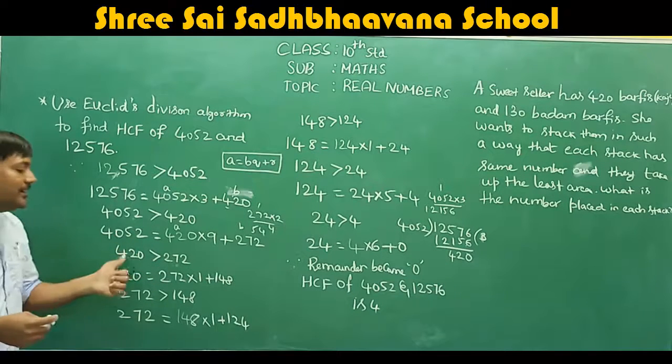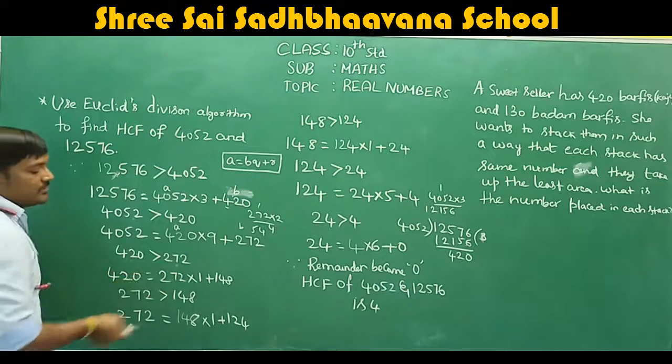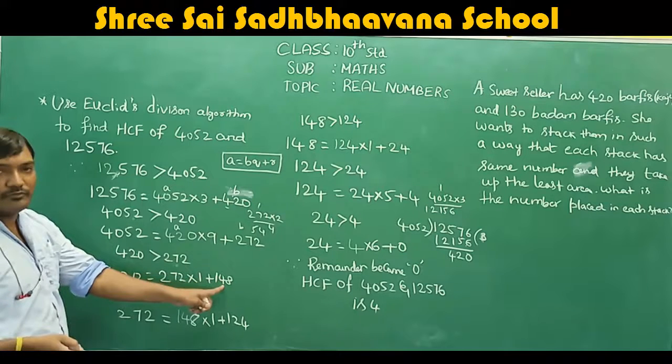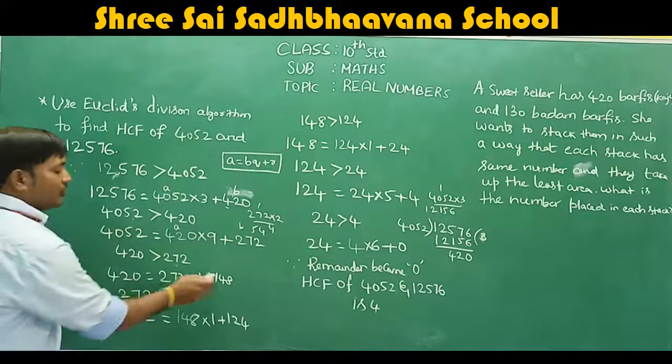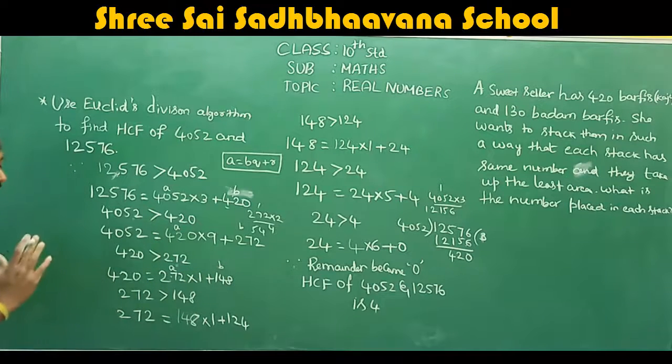So that cannot be taken. That is why only one time, which is 272 into 1, and the remainder will be 148. In these two terms, again take this as A and this as B. So take 272 as the dividend and 148 as the divisor.